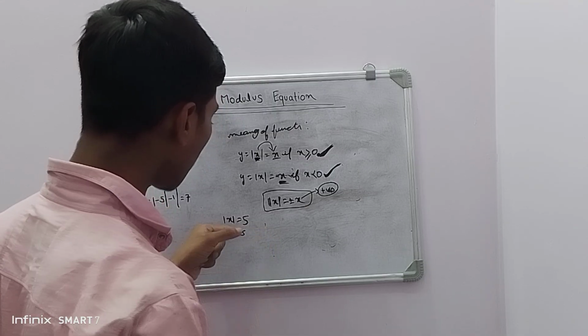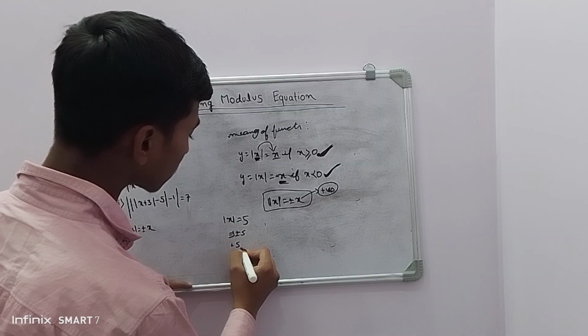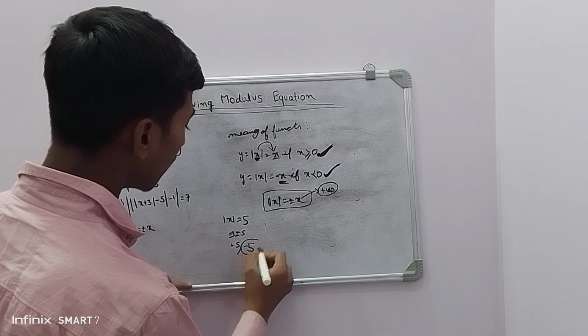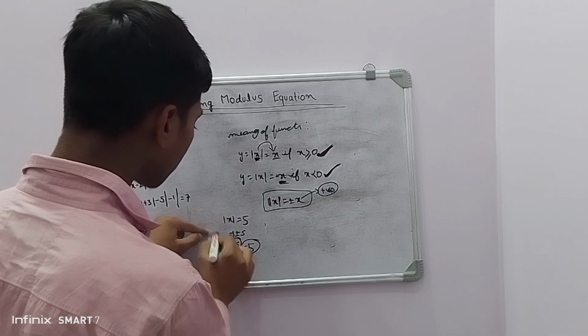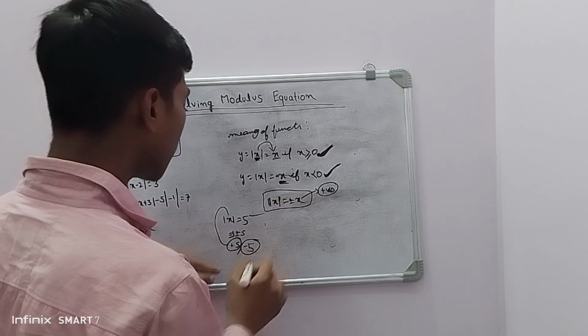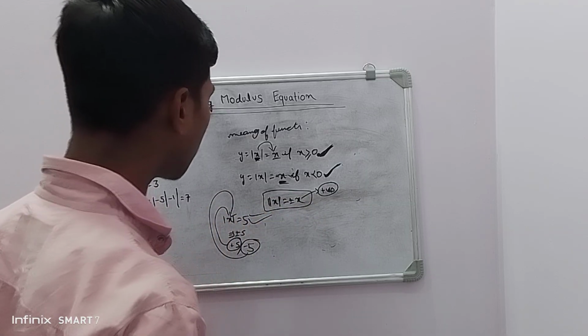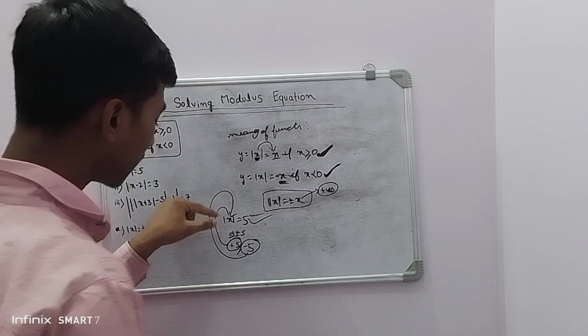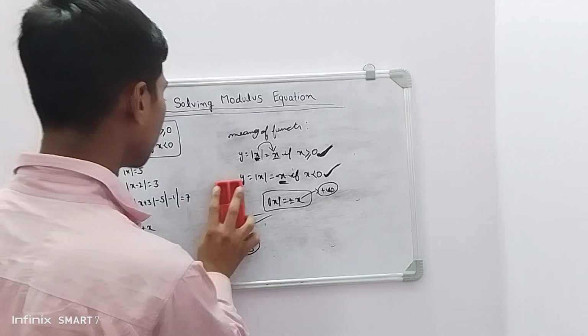So what will be the answer? Plus minus 5. That means if you insert plus 5 or minus 5, in both cases you will get 5. Let's suppose x is equal to 5, again you will get 5, and if x is equal to minus 5, then also you will get the answer 5. So x could be anything, plus minus 5. I think you understand this.